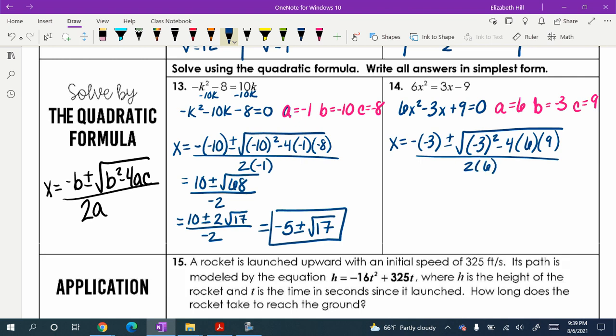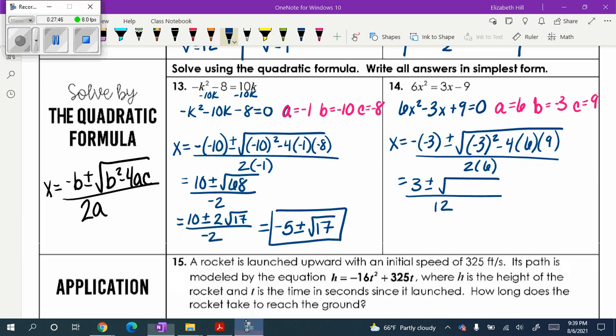All right, so why don't you pause the video, see if you can calculate what's underneath that square root there for me. All right, so underneath that square root, hopefully you got -207, which is going to tell you that these are going to be complex solutions.